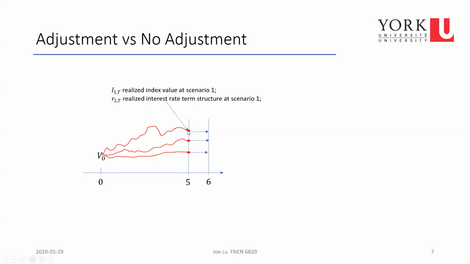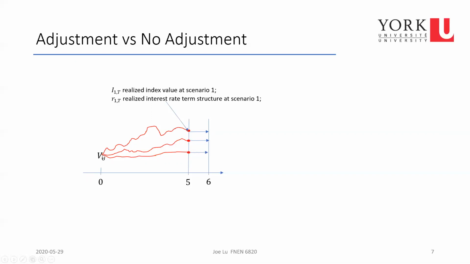Because you know the interest rate along the path, you can discount that value along every single point here, all the way to get one particular value of V. You can do exactly that for scenario 2, for scenario 3.